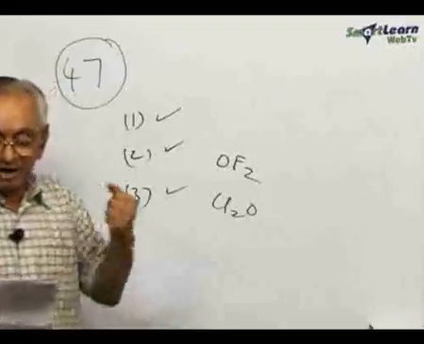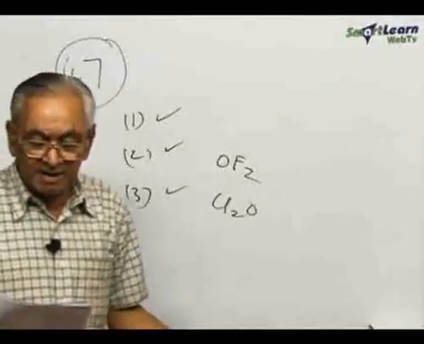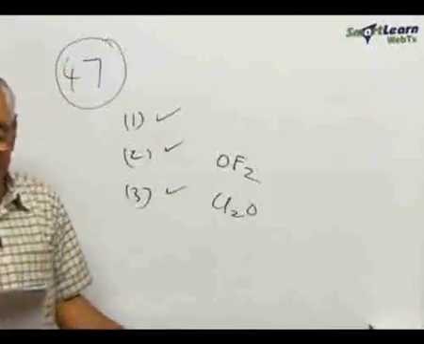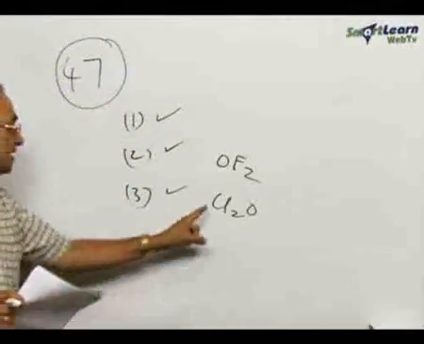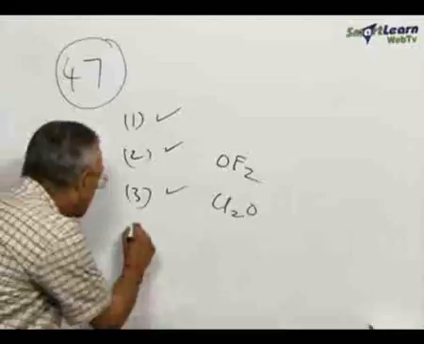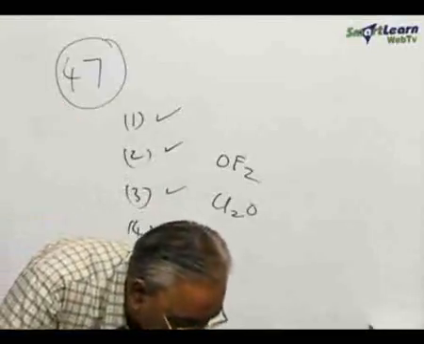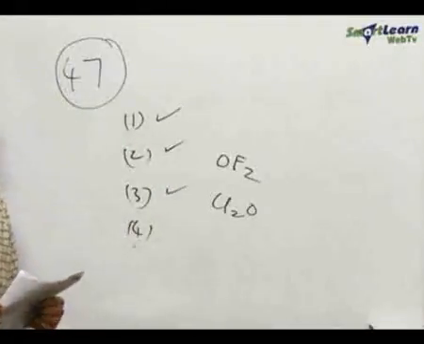Therefore, the repulsion between the lone pairs now exceeds the repulsion between the bond pairs, and therefore the bond angle is greater than 109.28. Then statement 4 is, in Br2O the bond angle is greater than 111.